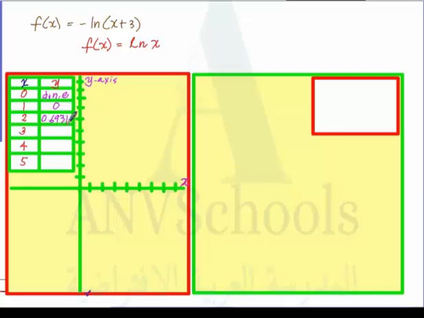0.6931. If x is 3, then ln 3 is equal to 1.0986. If x is equal to 4, that gives us ln of 4, and that will be 1.3863.